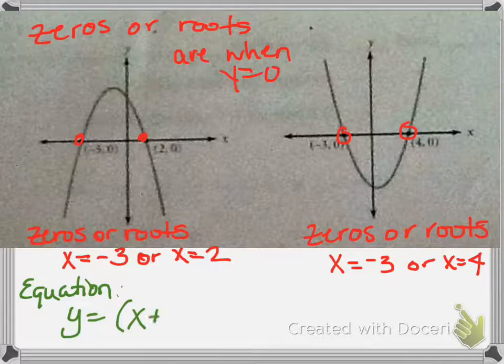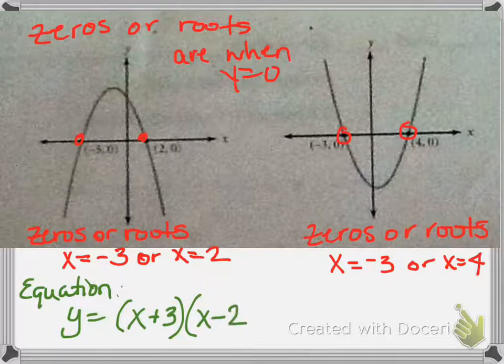Well, I must have had x plus 3, because when I set that equal to 0, to solve for it, I would have to subtract 3 from both sides. And here must have been x minus 2, because in order to solve for 0 there, I'd have to add 2 to both sides and get x equals +2. And I'll show you that on the next slide.